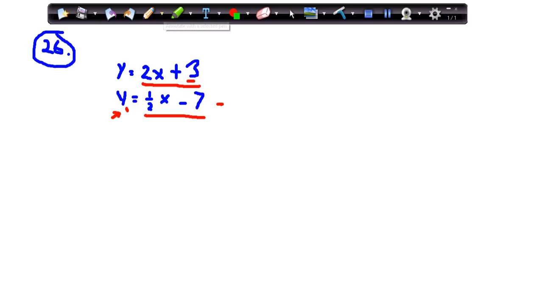Let's get my blue, and let's set up the equation. 2x plus 3 is equal to the second equation.